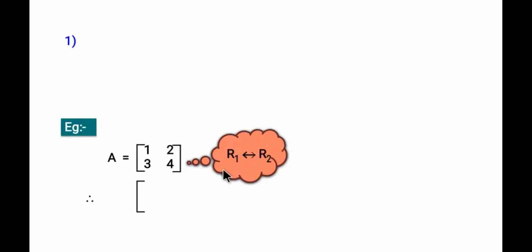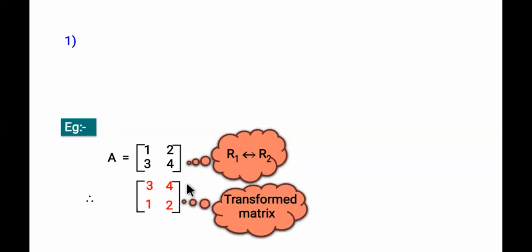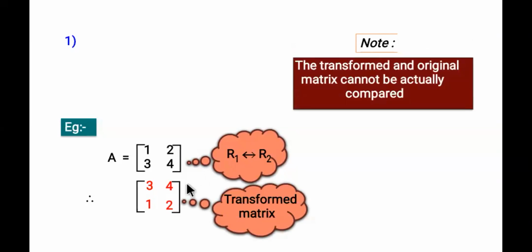So let's do that. Okay, so this is your transformed matrix. Now there's a particular note over here: this transformed matrix and the original matrix cannot be actually compared. We never compare this, because we do the transformation for a particular reason.